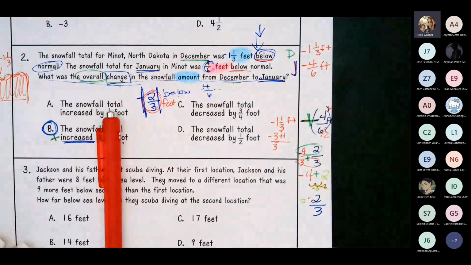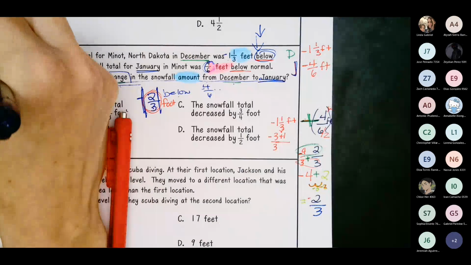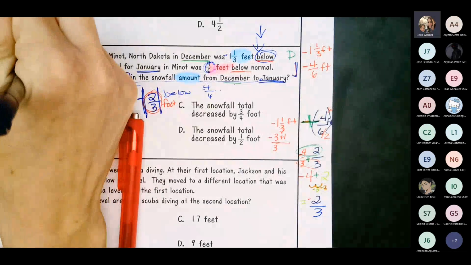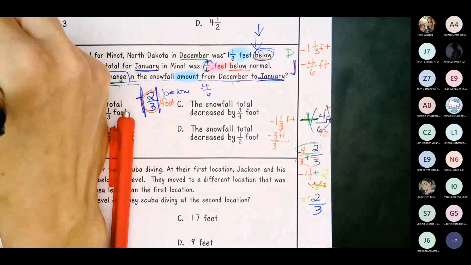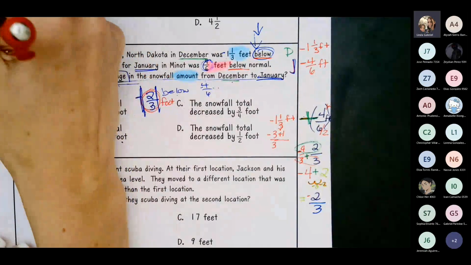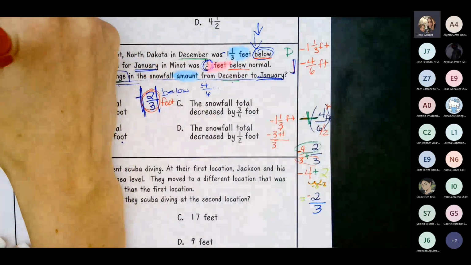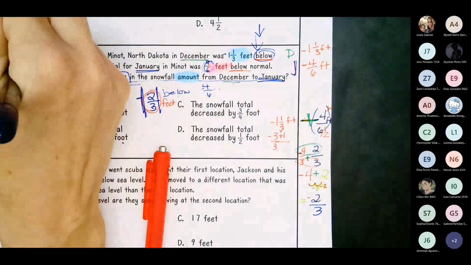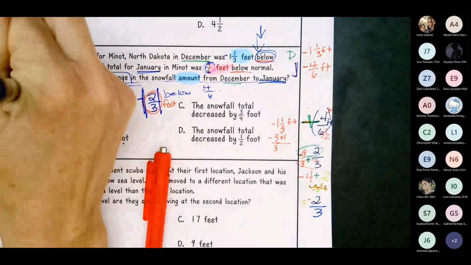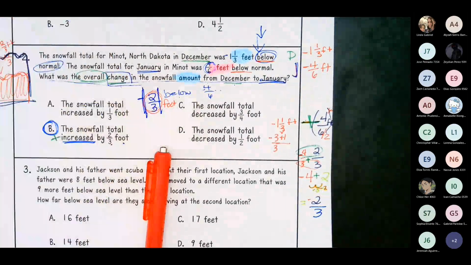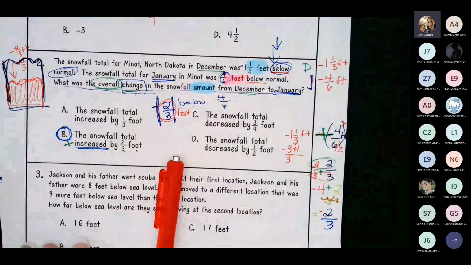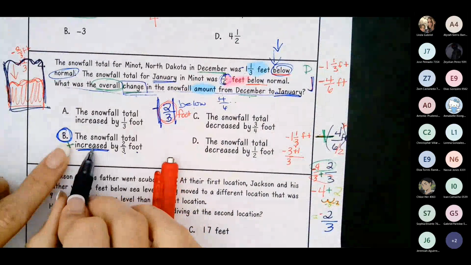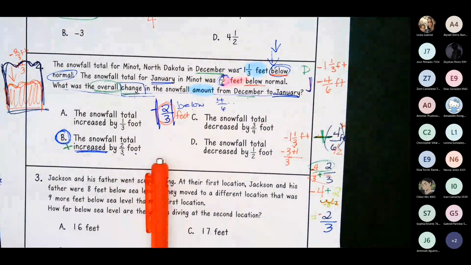Then in January, we got closer, right? Now we're only 2/3 away from normal for overall snowfall, right? We got closer to normal snowfall.